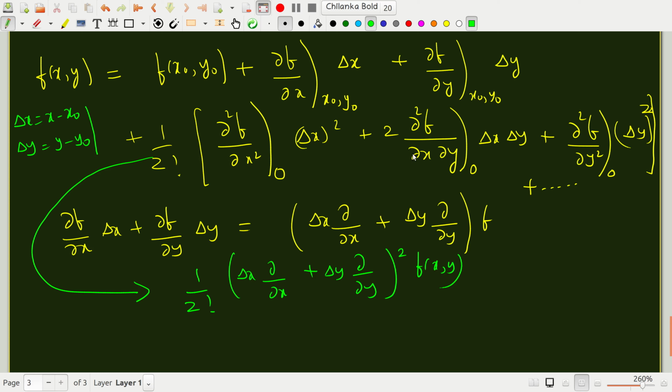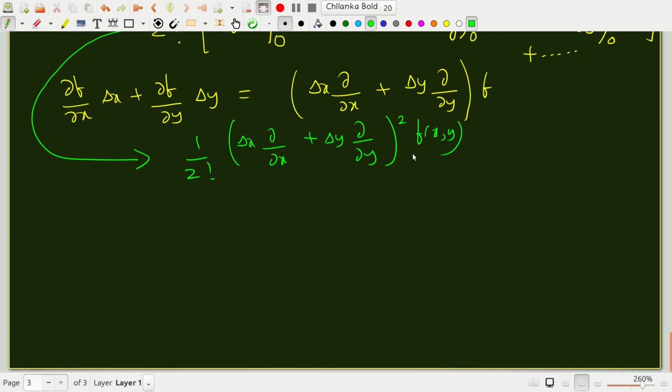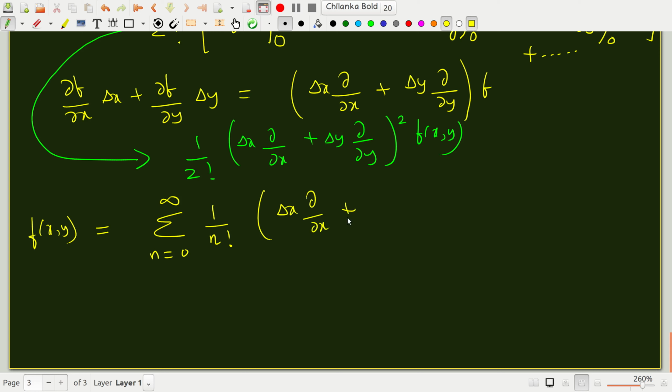Okay, so why am I writing it in this form? Because it helps to generalize to higher orders, because I can write the Taylor expansion of a function of two variables in a general summation form as follows: n is equal to 0 to infinity, 1 over n factorial, delta x partial partial x plus delta y partial partial y, whole to the power n, operating on f of x y, and these derivatives are all evaluated at x0 y0.